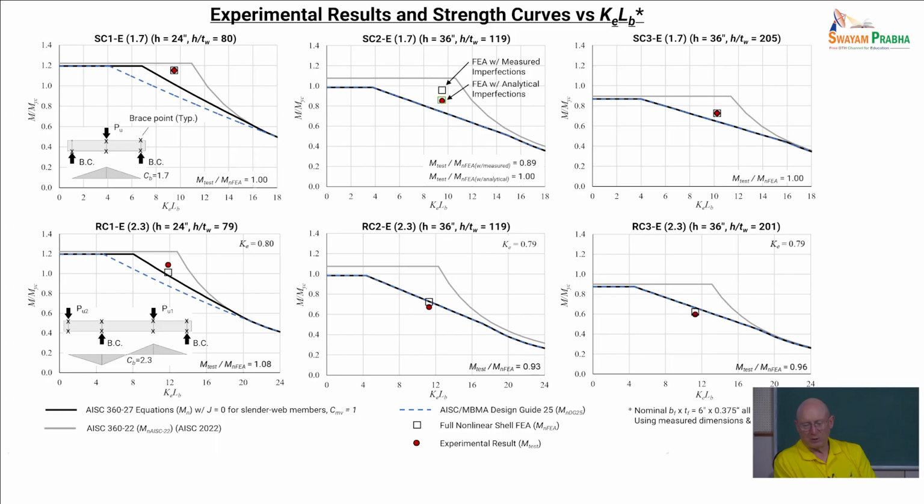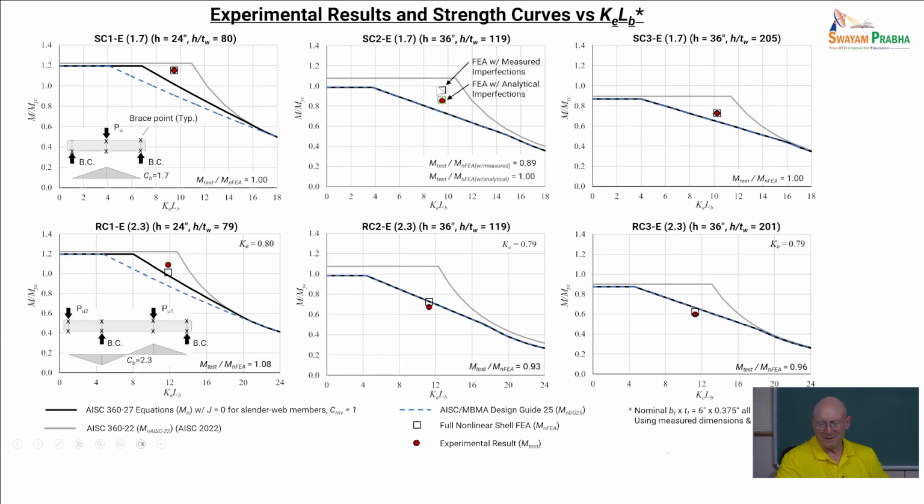And in all those cases, there is the one here in the middle on the top. Our FEA simulations here in these plots were done with the imperfections that we measured in the lab before doing the tests.